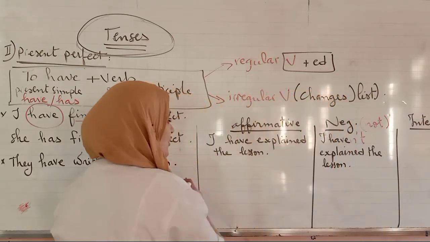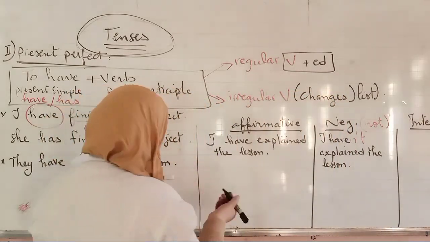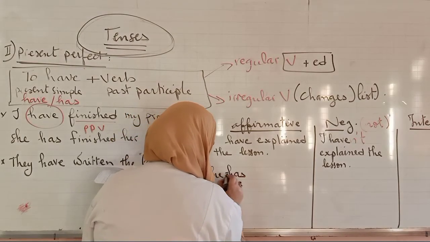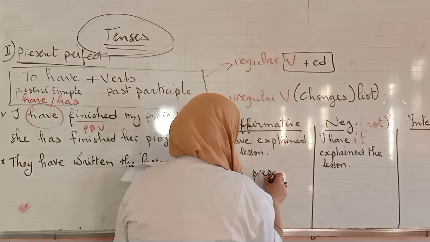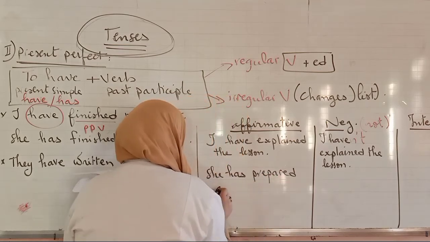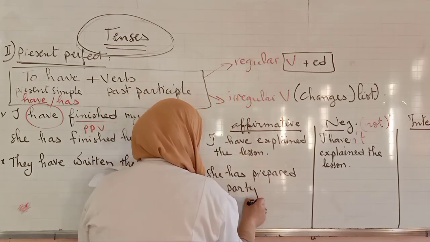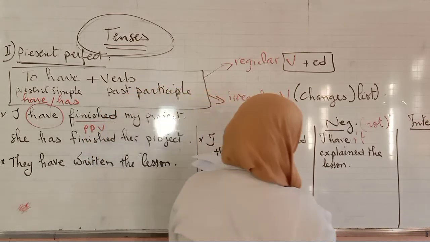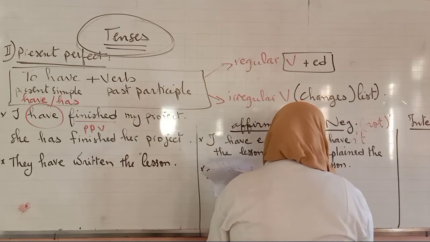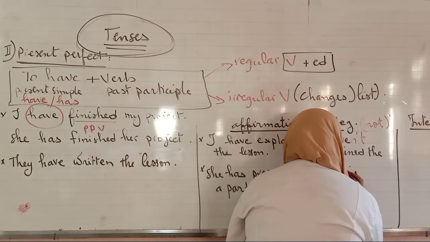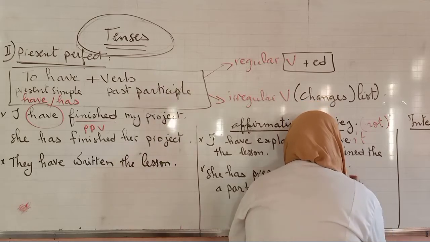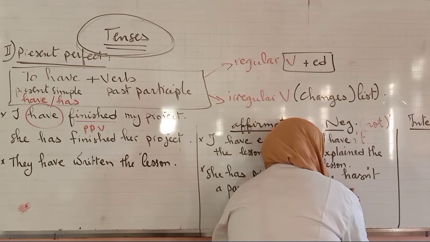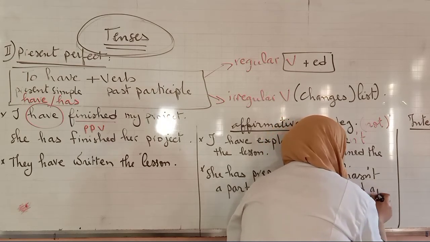If I use the third person singular that is has, of course we say, she has prepared a party. Of course, in the negative form, I say, she hasn't prepared, she hasn't prepared a party.